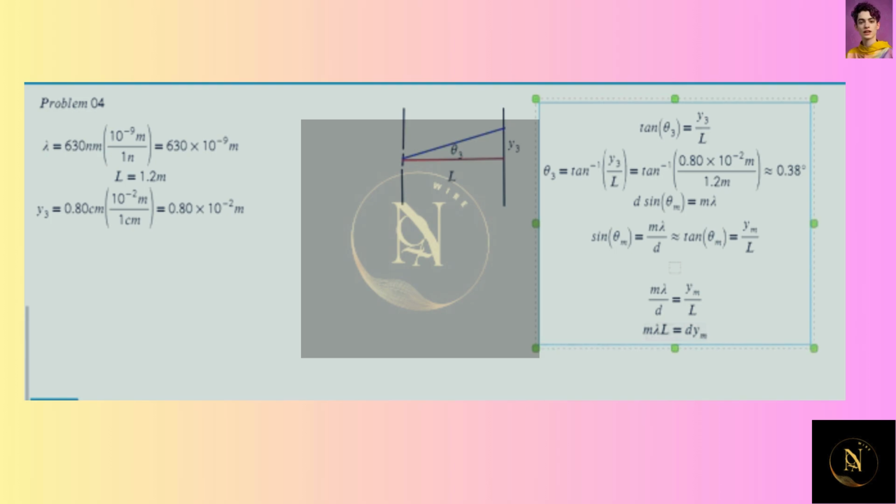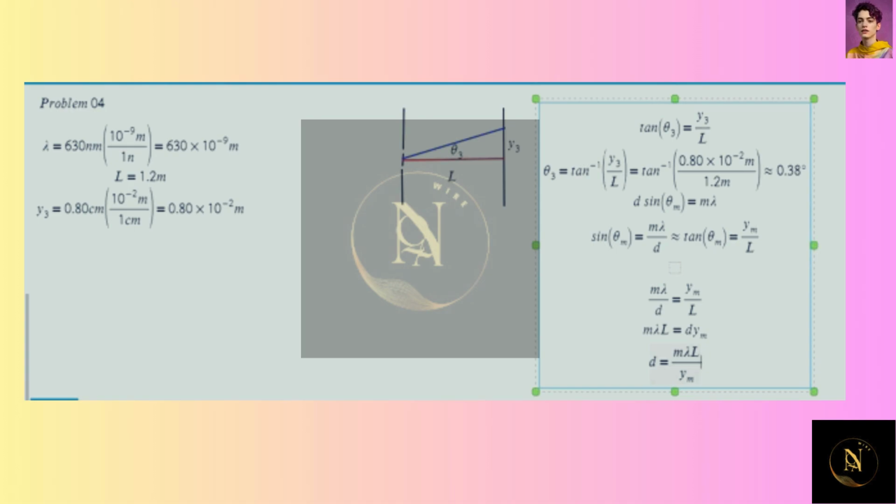Now let's go ahead and solve for d. D is going to be, we divide y sub m on both sides. Okay, this is valid when small angle approximations are valid.